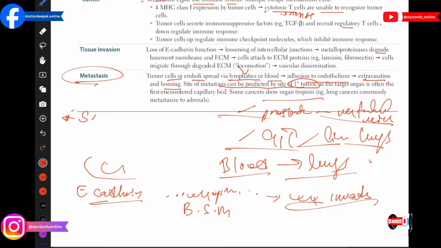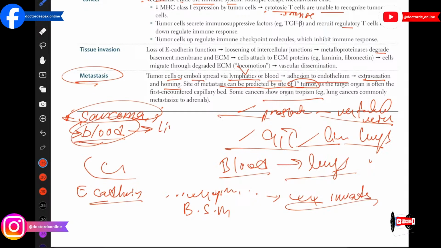Some important points: sarcomas spread via blood, hematogenously. Arteries have thick walls, so it is difficult to penetrate them. Secondly, veins have thin walls, they can easily be penetrated, and are the most common sites of hematogenous spread. So sarcomas are going to spread through blood, and if any cancer is spreading through the blood, then it most commonly goes to the liver or lungs.